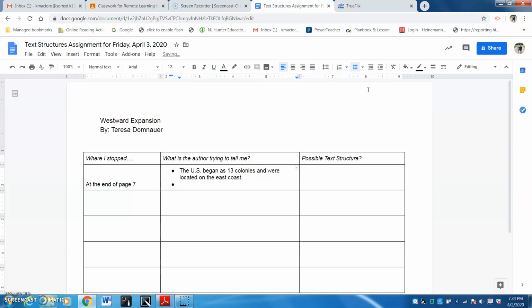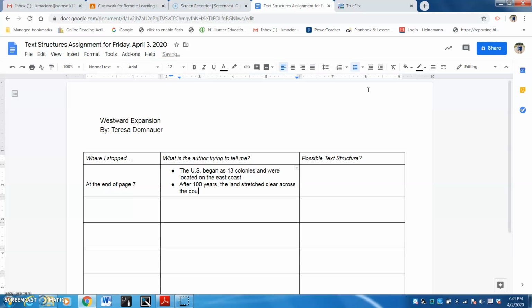I also learned that after 100 years, the land stretched clear across the country to the West Coast.